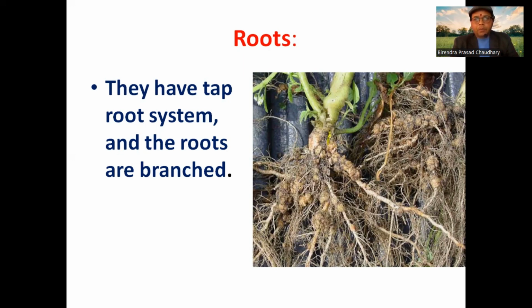Suppose this is the main root, from where these branches arise; these are called secondary roots. Again, from the branches many thin roots are developed. These are called tertiary roots. So this type of root system is found in the plants of this family: taproot, highly branched, producing secondary and tertiary roots.